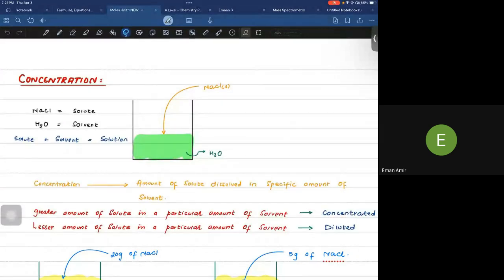Then for number of particles, I told you that particle is a general term used for molecules, atoms, and ions, or then concentration times volume. You have to identify by yourself in which question you are going to use which relationship.